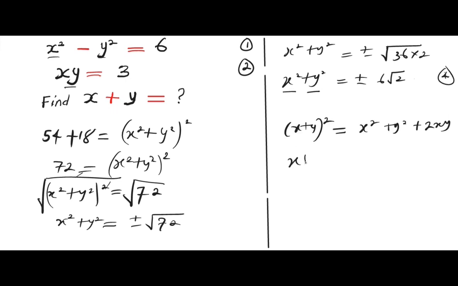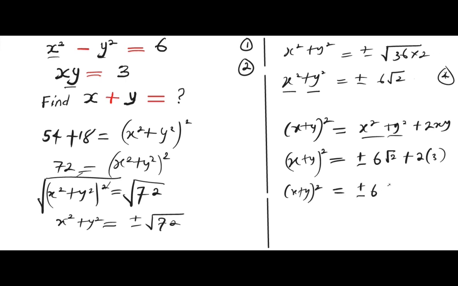We have x plus y all squared equals x squared plus y squared, from equation 4 is positive or negative 6 root 2, right? Plus 2 into xy, from equation 2 is 3. Okay, so you have x plus y all squared equals positive or negative 6 root 2 plus 6. Rearranging this, we have 6 plus or minus 6 root 2.